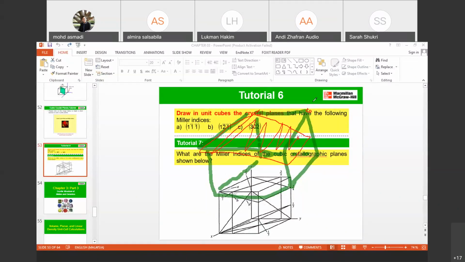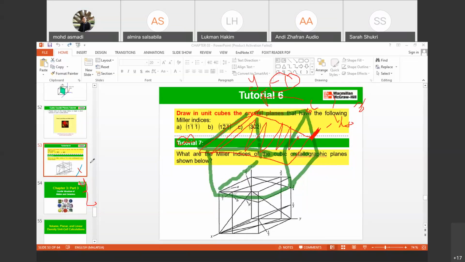If your new origin is here, this direction is the negative z direction. Towards this direction is negative 1 for y and infinity for x. This one is for y, 1, 4 is for z, and infinity for the x direction. So x, y, z.